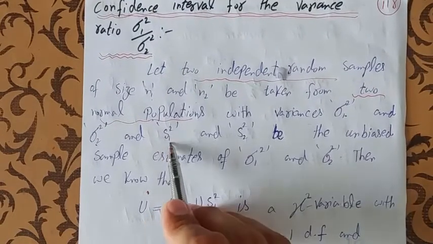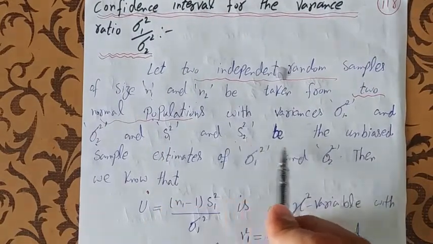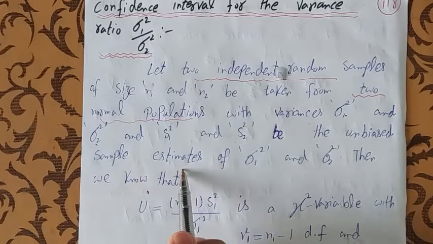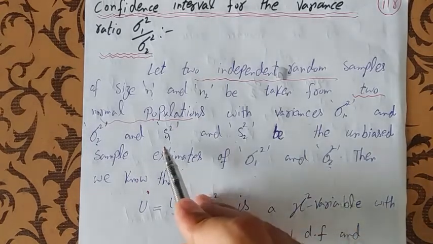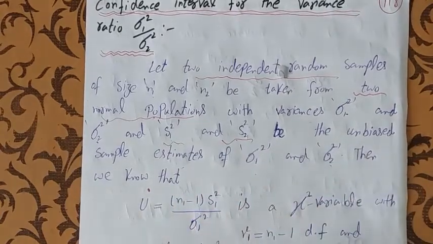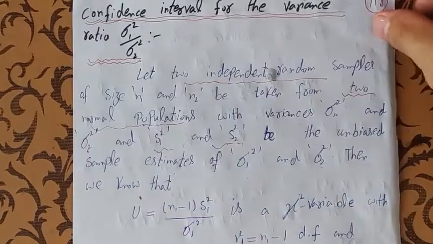Let S1 square and S2 square be the unbiased sample estimates of sigma 1 square and sigma 2 square.